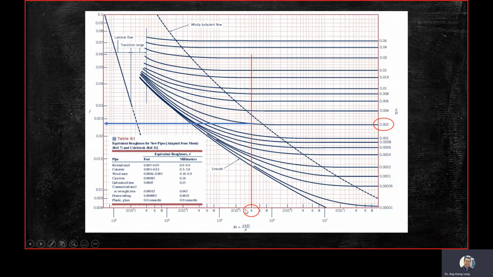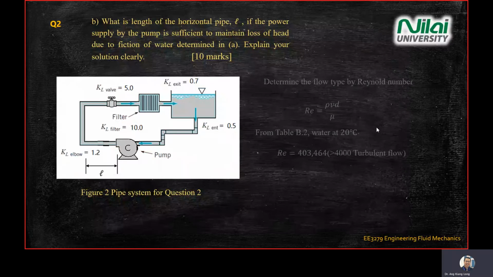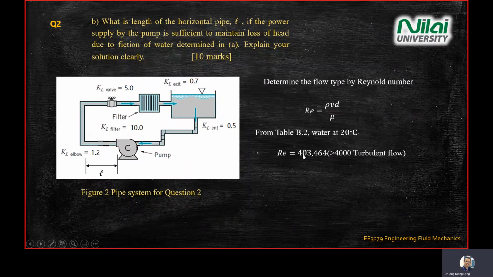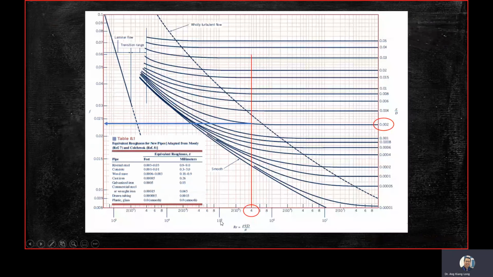Right? So if you draw something like this on the Moody chart, you will get some marks. So you start from 4, because your Reynolds number is 4 power 5, right? 4 power 5. So the Moody chart here is 1 power 5, so we go to 2, 4. So at 4, you draw a straight line up. And then because the ratio that you calculated is 0.02, at the intersection of this one, you move to the left, you get a value here.